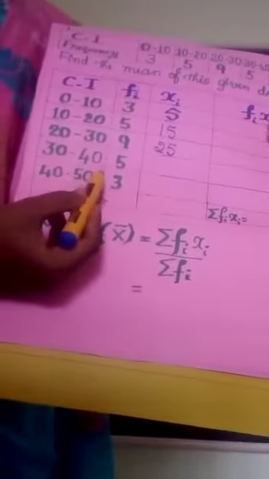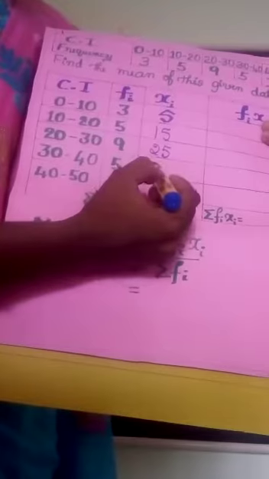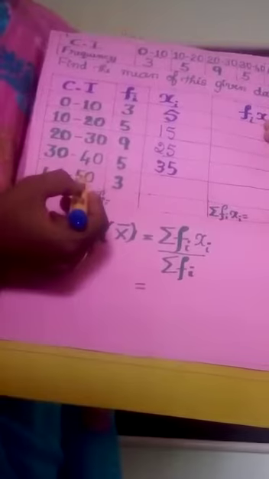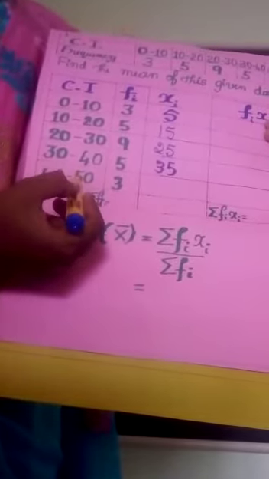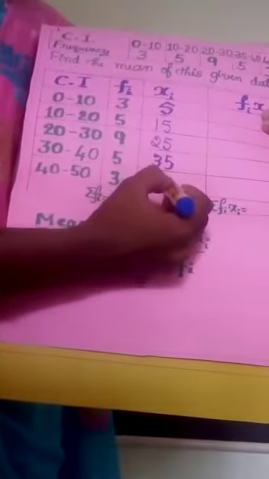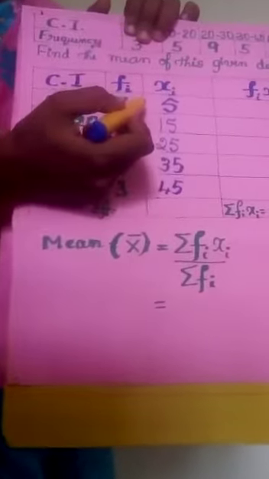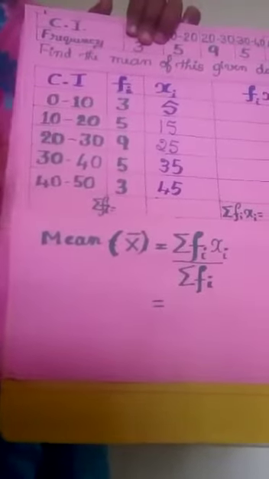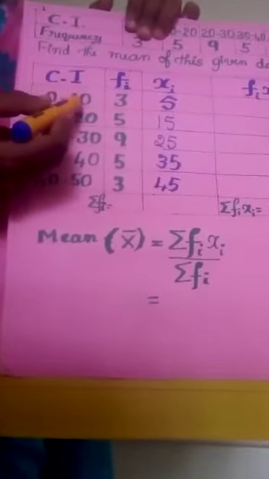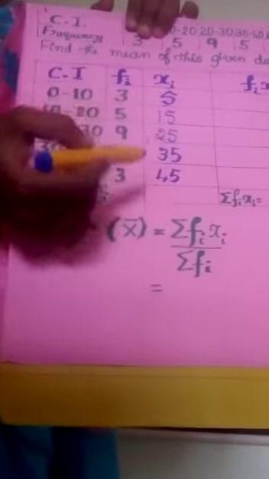Similarly, 30 plus 40, 70. 70 divided by 2, 35. Next, 40 to 50. 40 plus 50, 90. 90 divided by 2, 45. To find the class mark, in a given class interval there are two data, the upper limit and lower limit. You add those two numbers and divide by 2 to get the respective class marks.